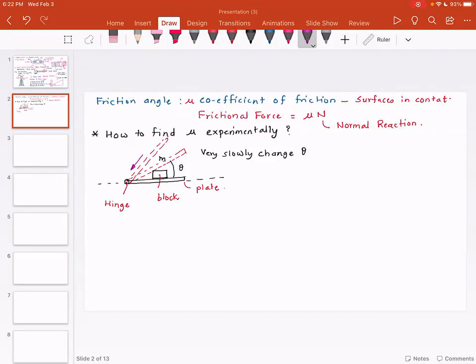So there is a threshold angle, which I'm going to call phi. This is the limiting value of theta at which the block just starts moving.